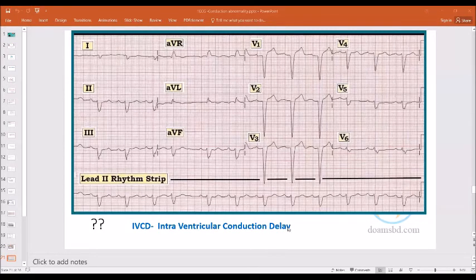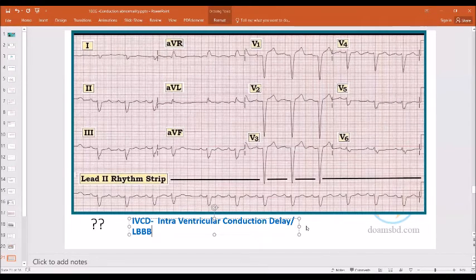Is the screen visible? Ankit, can you say if the screen is visible? No, sir. Sorry for this technical issue. Could it be intraventricular conduction delay or LBBB? What would we like to say? LBBB or RBBB?